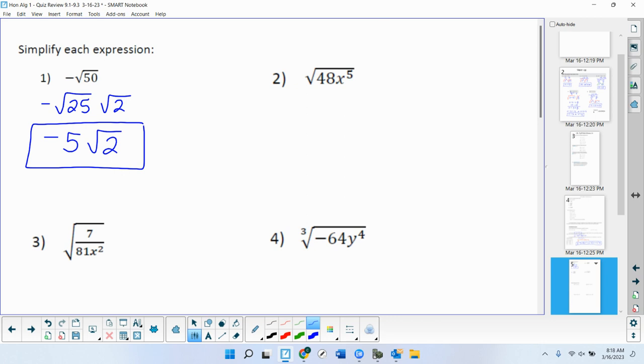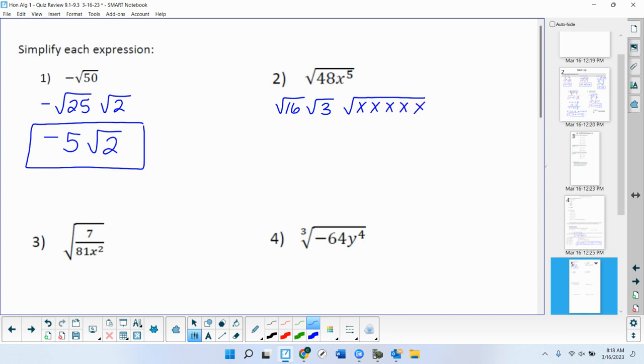Okay, number 2 had a small trick to it. Maddie, what did you break this? Okay, first, what did you break the square root of 48 up into? 16 and 3. Yes, guys, 16 is the biggest perfect square. If you use 4 and 12, I'll come back to you in a minute. How many x's do you have? 5.